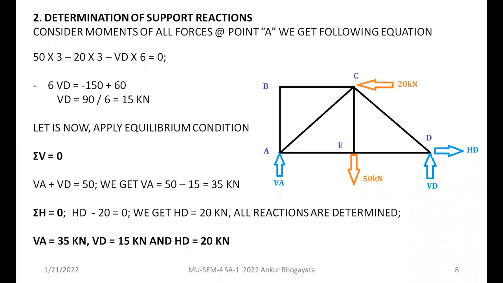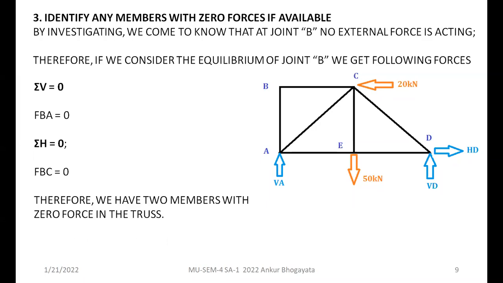So there's nothing to tell you in detail. This is VA, that is 35 kilonewton. VD is 15 kilonewton, and the horizontal reaction is 20 kilonewton. Right. All are positive. So again, we have identified that these are the zero force members. So force in AB and BC will be zero.